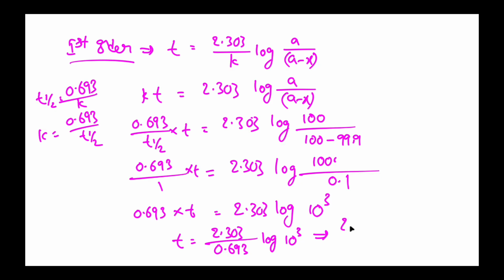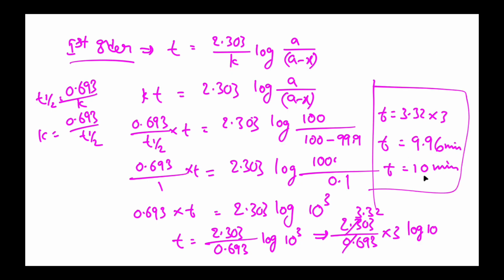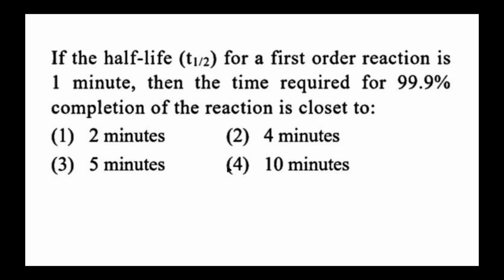That we can write as 2.303 by 0.693 into 3 log 10, which is 1. So this value is 3.32 into 3. T is equal to 9.96, nearly 10 minutes. So the correct answer is 10 minutes. So option 4 is the correct one.